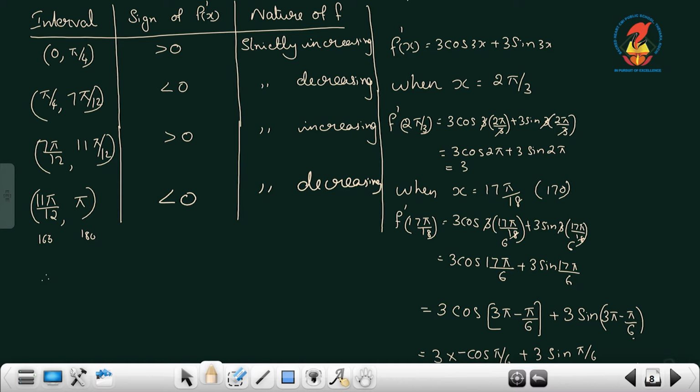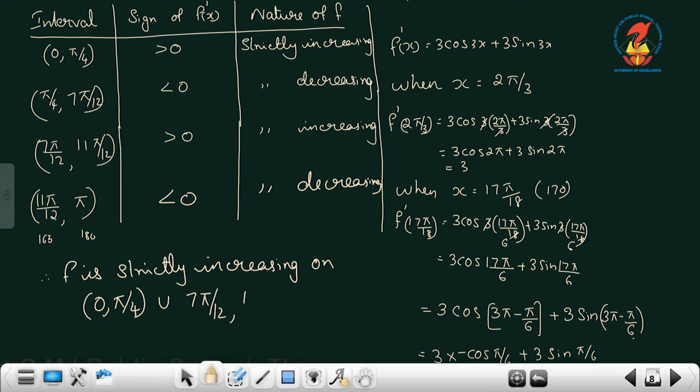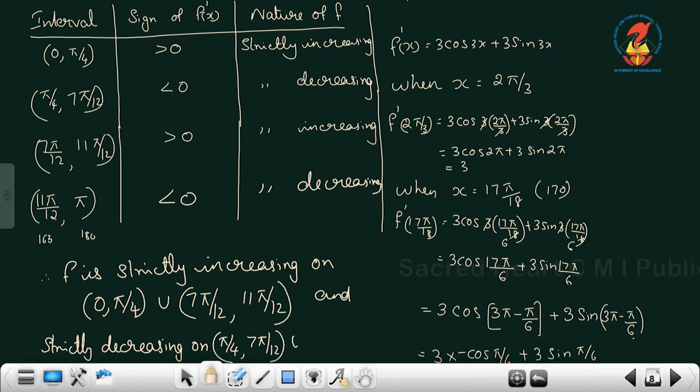Okay. Therefore, we can conclude f is strictly increasing on which intervals? 0 to pi by 4, open interval, union 7 pi by 12 to 11 pi by 12, and strictly decreasing on pi by 4 to 7 pi by 12, union 11 pi by 12 to pi.